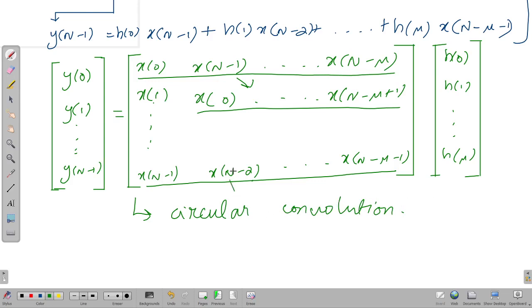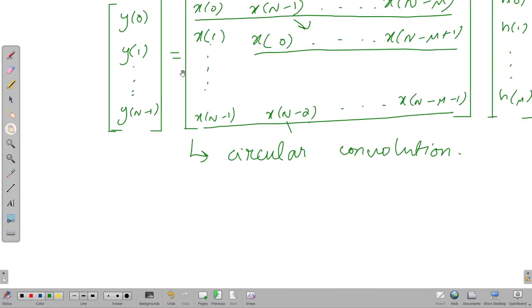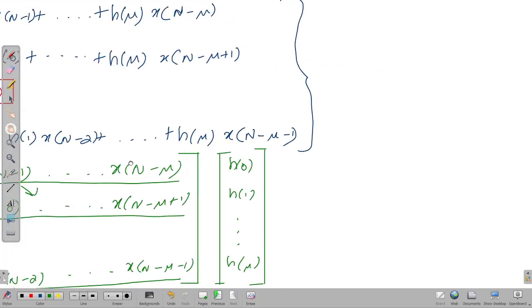Another way you may like to see it is to write the coefficients in a slightly different way. So let me write it that way also.